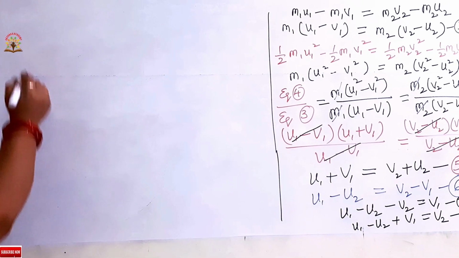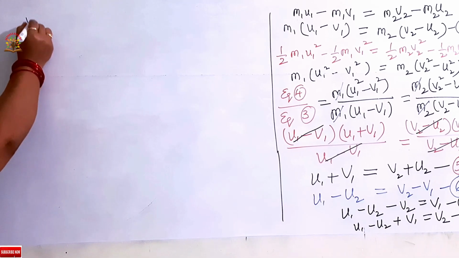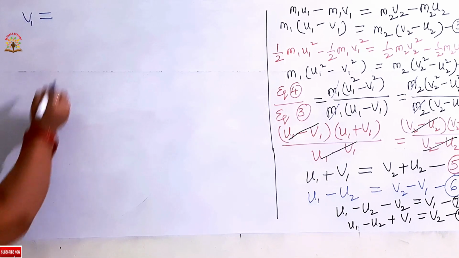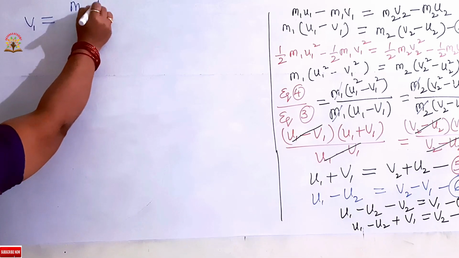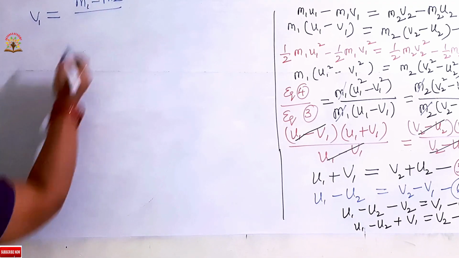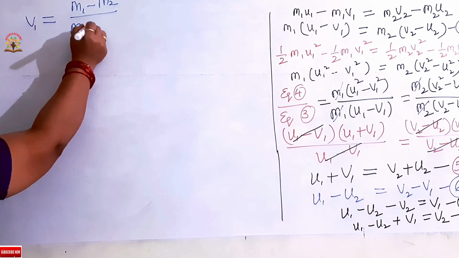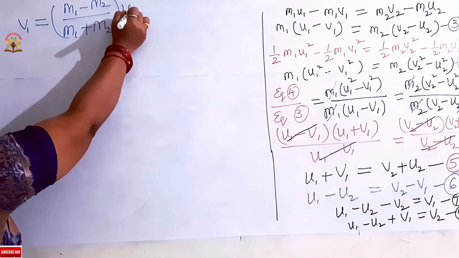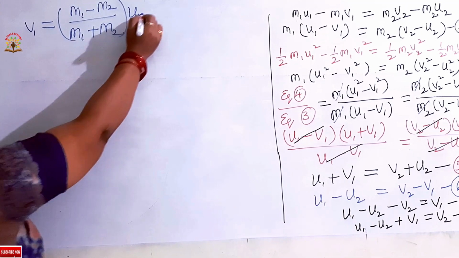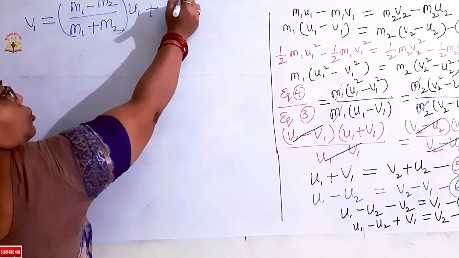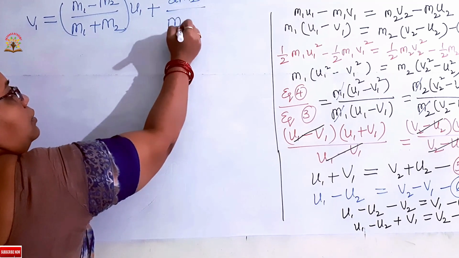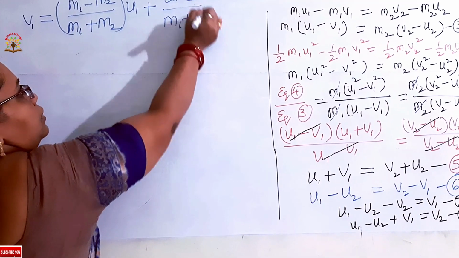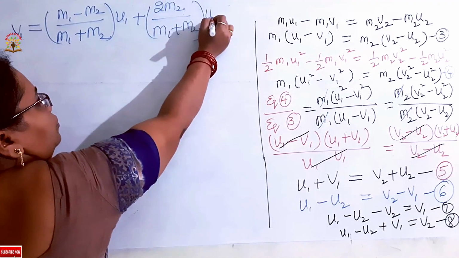We get v1 is equal to m1 minus m2 by m1 plus m2 of u1 plus 2m2 by m1 plus m2 of u2.